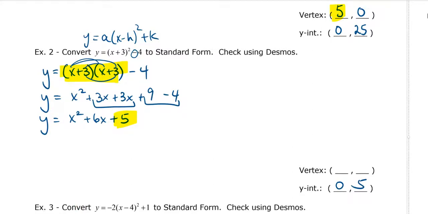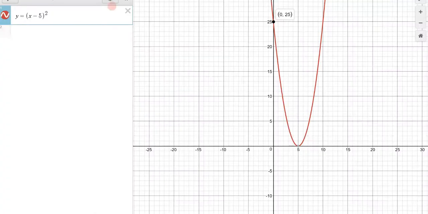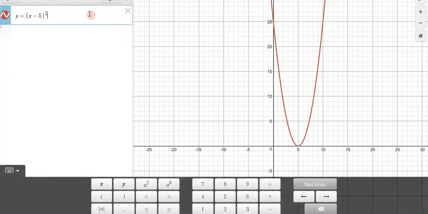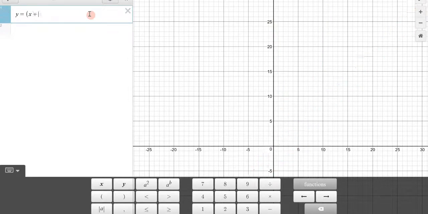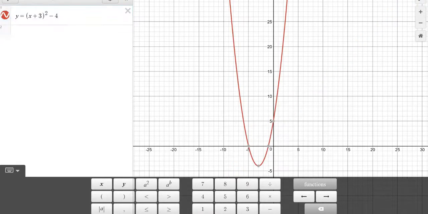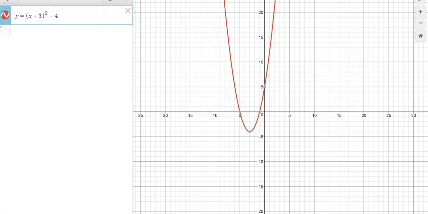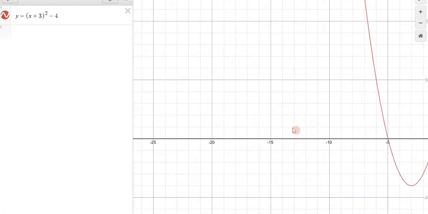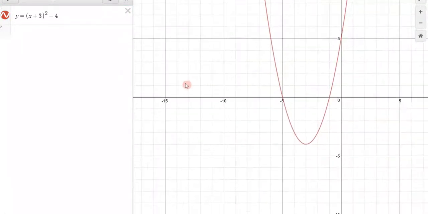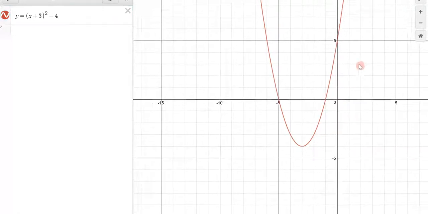So let's have a look at Desmos again. So let's type in the equation x plus 3 squared minus 4. And if we zoom in on the graph here, we can see our vertex is right here at negative 3 and negative 4.